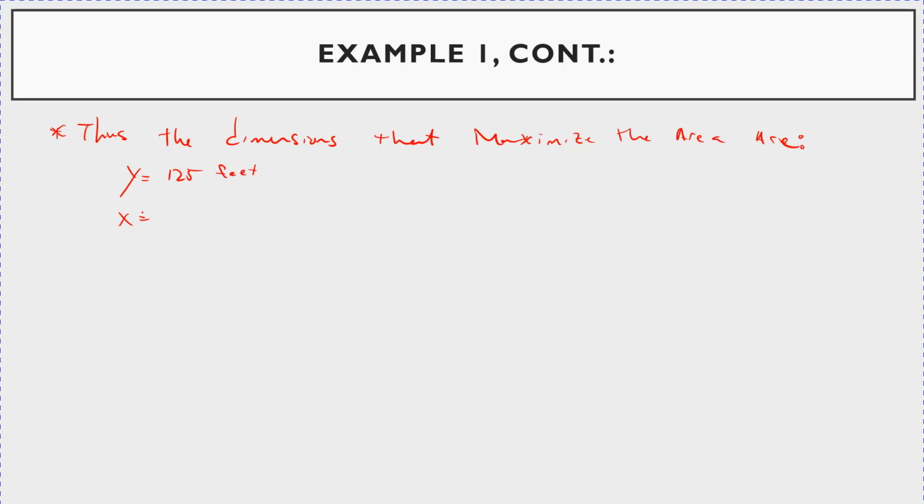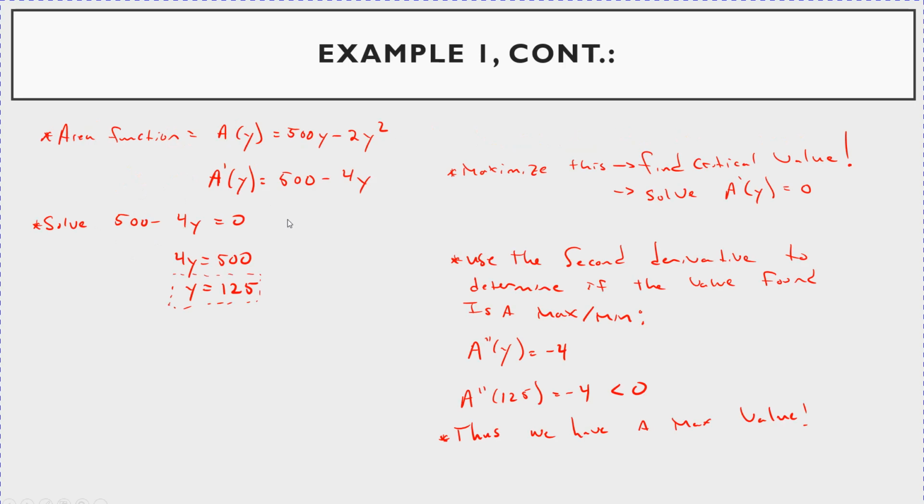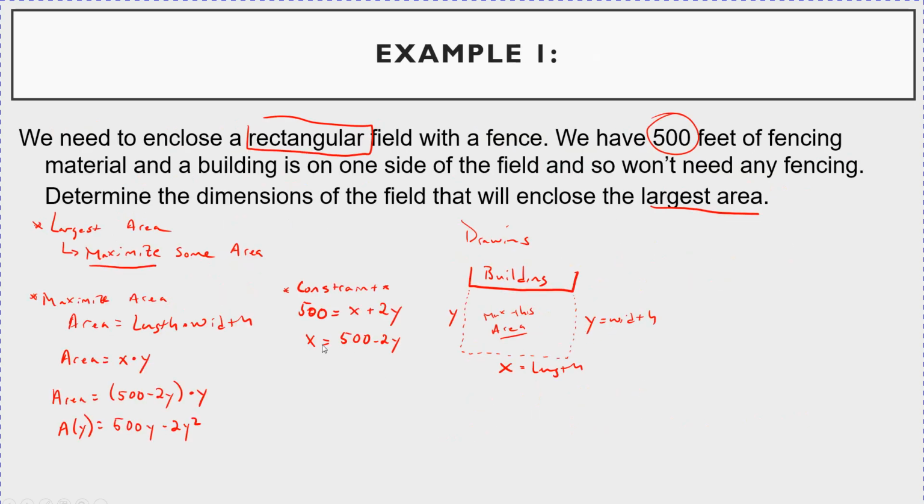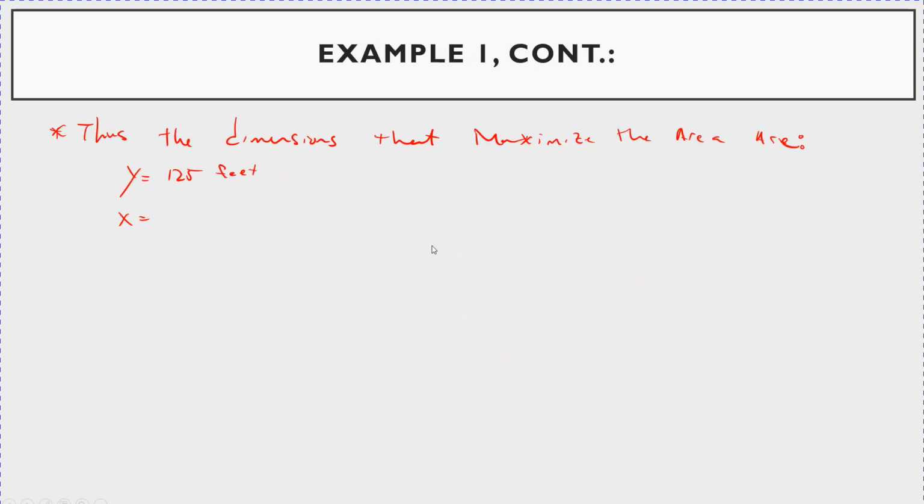And did we have a formula for x? Like if you look back, if we know y, we can actually solve for x, because look, x is equal to 500 minus 2y. So it's 500 minus 250. So this is 250 feet.